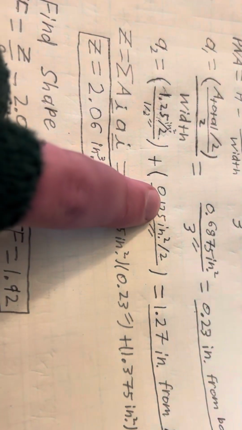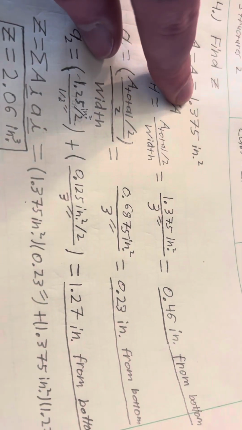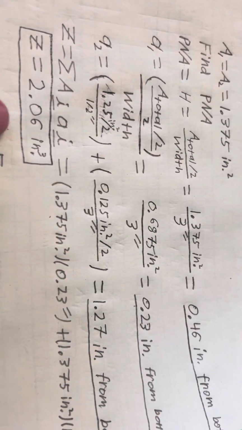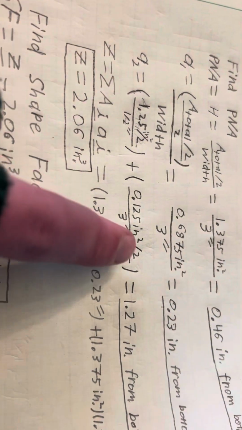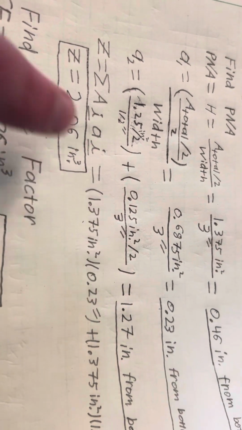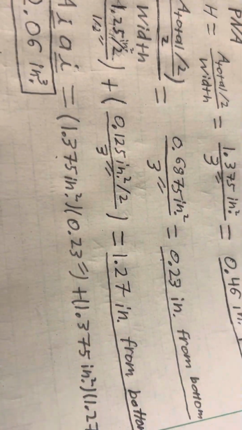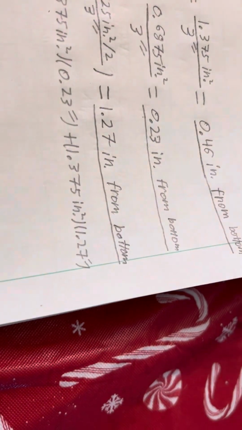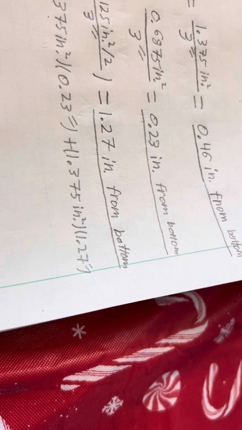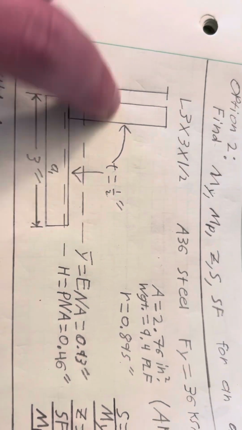So then for the second part that we're adding on to it, I said, okay, 1.375 minus 1.25, and that gave us 0.125 inches squared. I'm dividing that by 2, and then I'm going to divide that by the 3-inch width this time. And you add that together and you get about 1.27 inches from the bottom. So that'll be about right here if you were to draw the line.